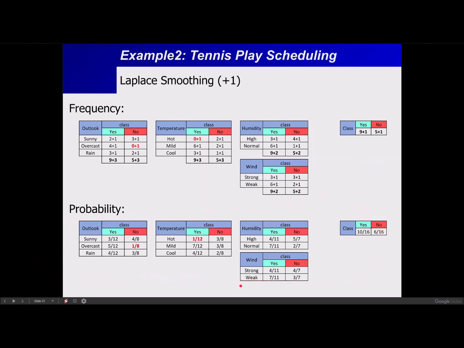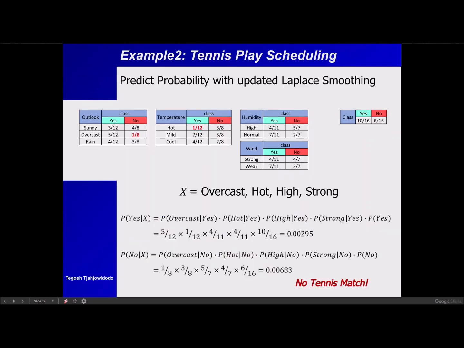And then I will use this probability table again to calculate the probability of the tennis match being played or not. Same as before, but now I use the new probability table.